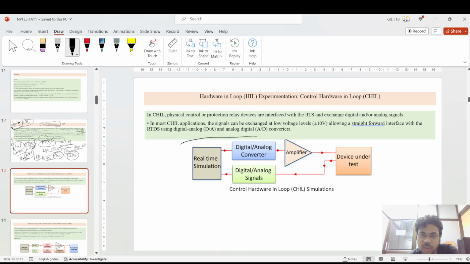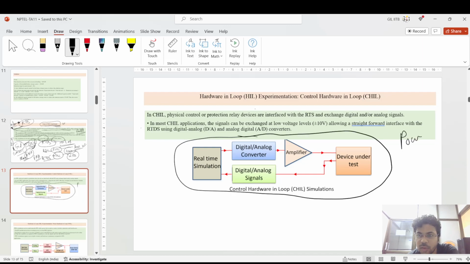If you see this control HIL simulation diagram, there is no power conversion or power devices in between. You have a real-time simulation, and only the device under test is there. You are only transferring digital or analog signals.